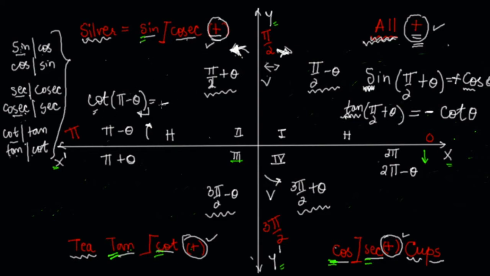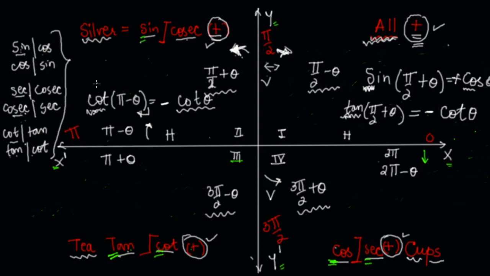The answer is no. So the first thing is that the answer will be negative. But if any trigonometric function like cot, sine, cosec, sec, anybody jumps from the horizontal axis, always remember the trigonometric function doesn't lose its identity, so it will continue to remain as cot theta.